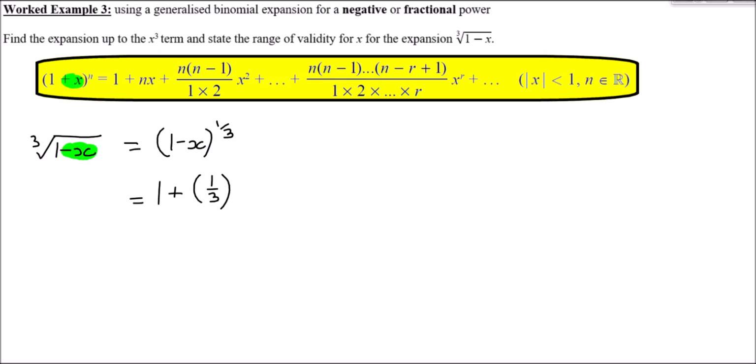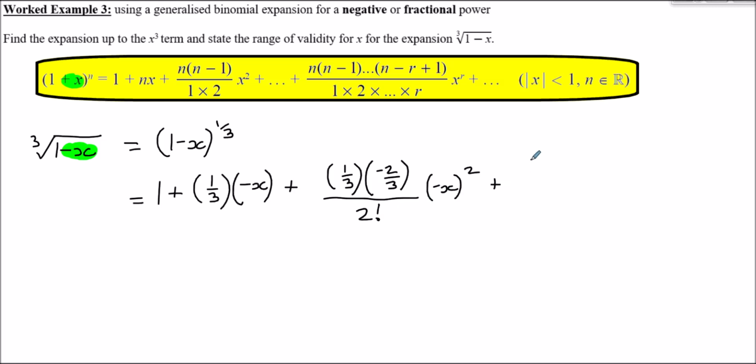So it's going to be 1/3 times minus x, like so. Then we're going to have the power multiplied by the power minus 1. So 1/3 minus 1 is minus 2/3. We're going to have all of that over 2 factorial, multiplied by (minus x) all squared.